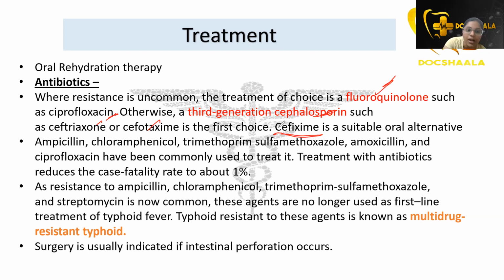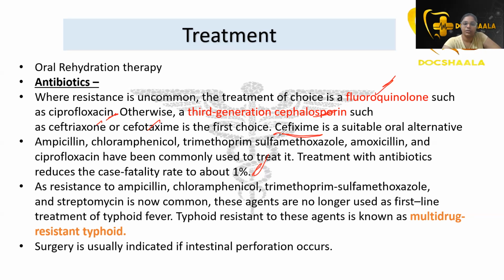This you have to remember. Ampicillin, chloramphenicol, trimethoprim-sulfamethoxazole, amoxicillin, and ciprofloxacin have been commonly used to treat it. Treatment with antibiotics reduces the case fatality rate to about 1%. As resistance to ampicillin, chloramphenicol, and streptomycin is nowadays common, these agents are no longer the first line treatment of typhoid fever.